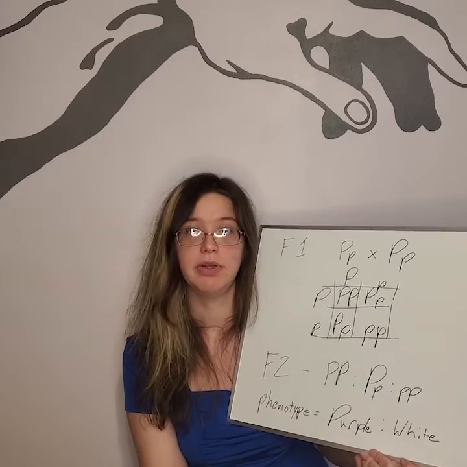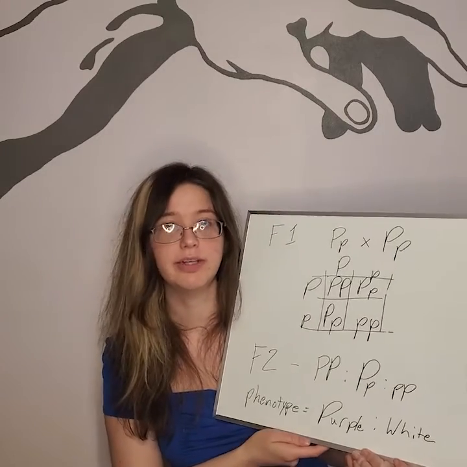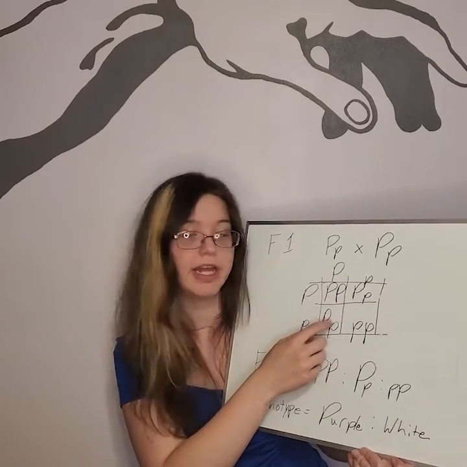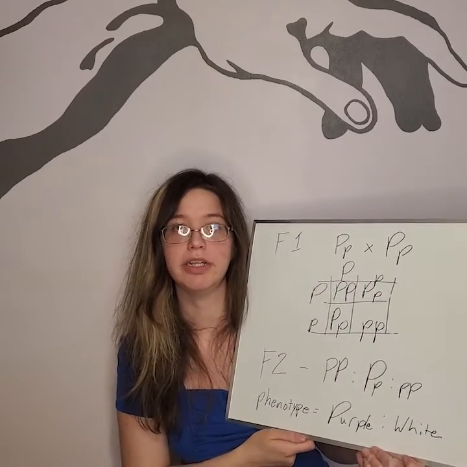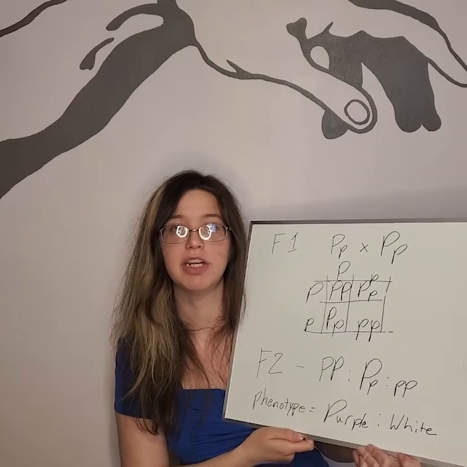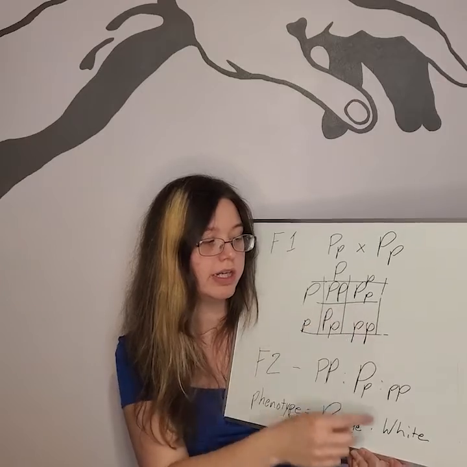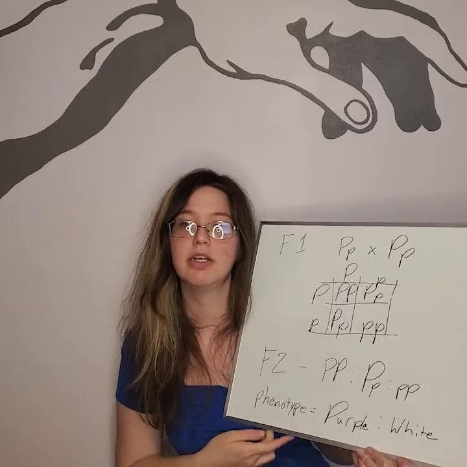For phenotype, this is what color we end up getting. We get 3 that have at least 1 purple allele. So 3 of them are going to be purple. And then we have only 1 that ends up being white.